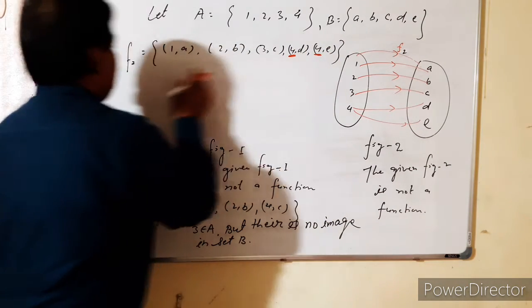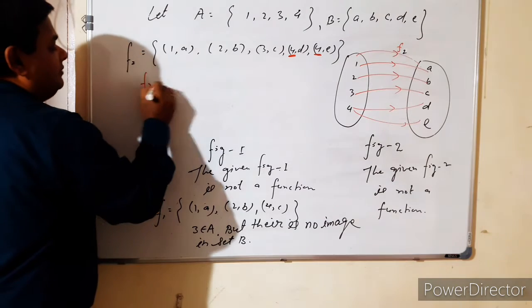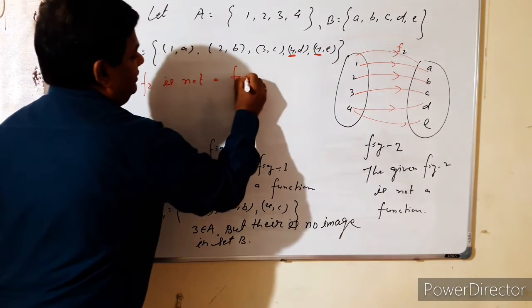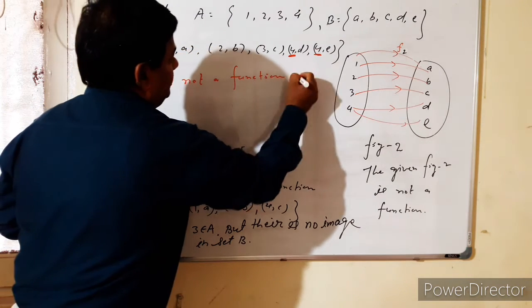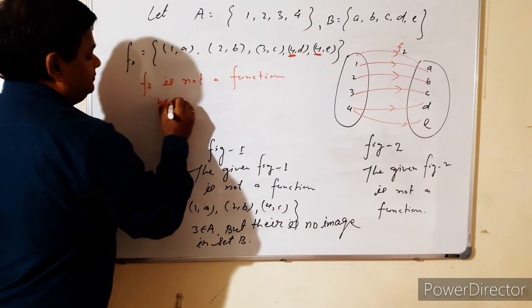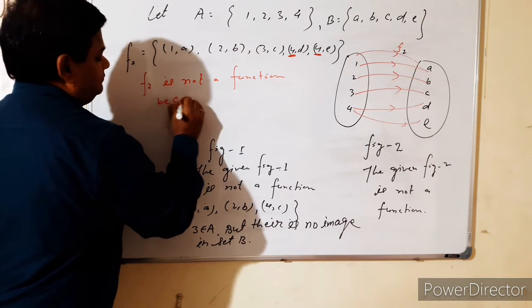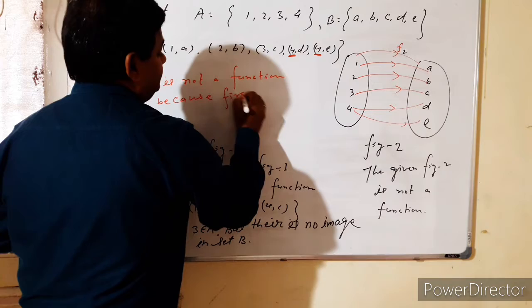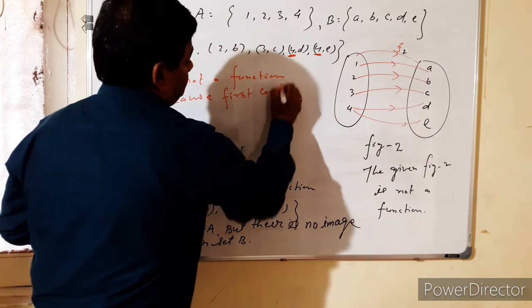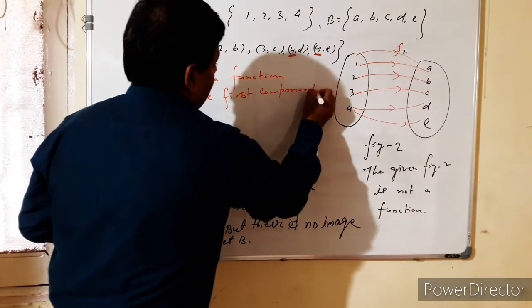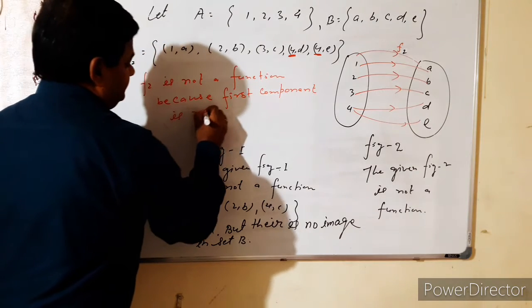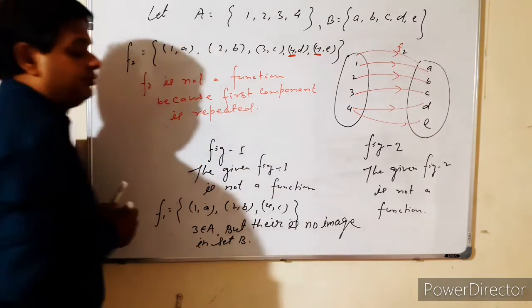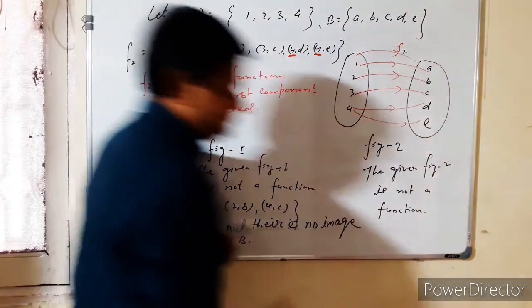So that's why f2 is not a function, because the first component is repeated.